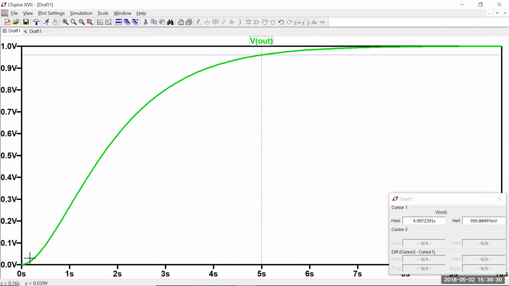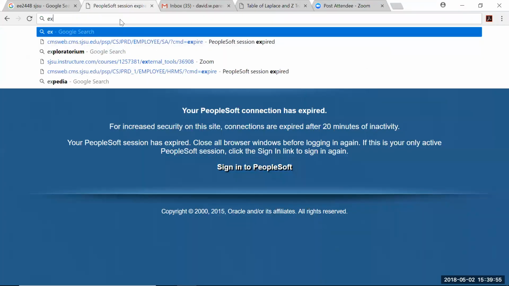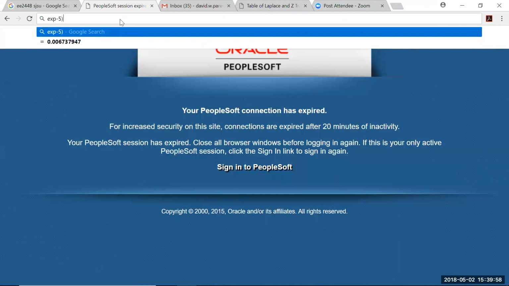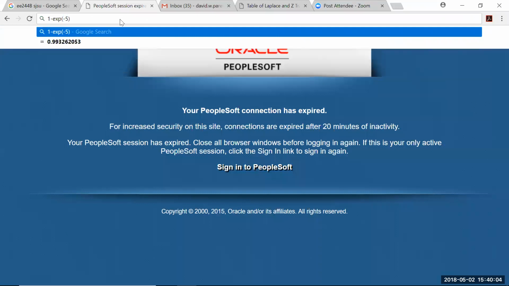So you see that kind of shape. A first order system would just have a straight line. At 5 tau, I'm at 0.95 volts. So 5 tau in a first order system, you should be at 0.99.